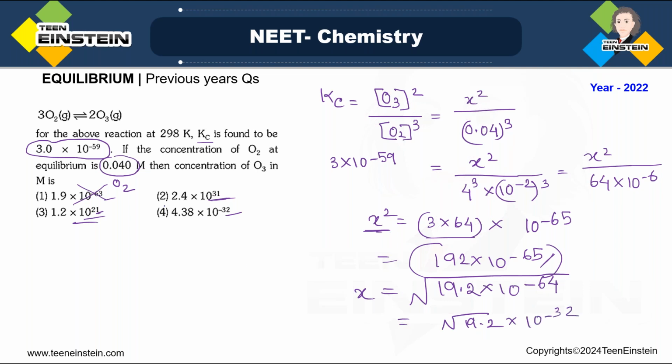That means this is close to your answer. Even if you are not calculating the root of 19.2, then also we can understand that this should be the correct answer, right? Okay. So just be careful while doing the calculation. You can save your time if you just be a little careful.